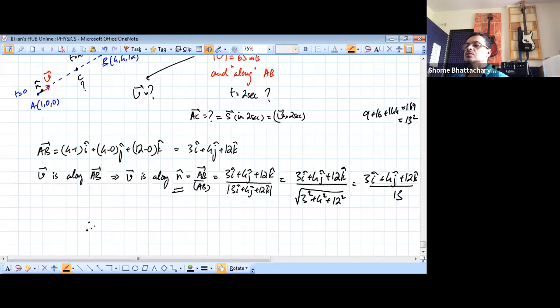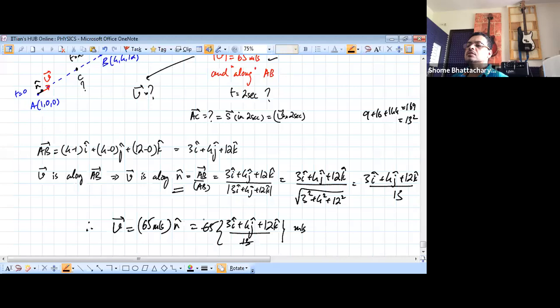Okay. So therefore the velocity vector will become the magnitude of velocity, which is given here as 65 meters per second, into that unit vector in that direction. So that is 65 into 3 i cap plus 4 j cap plus 12 k cap whole by 13 in meters per second, because the 65 is in meters per second.